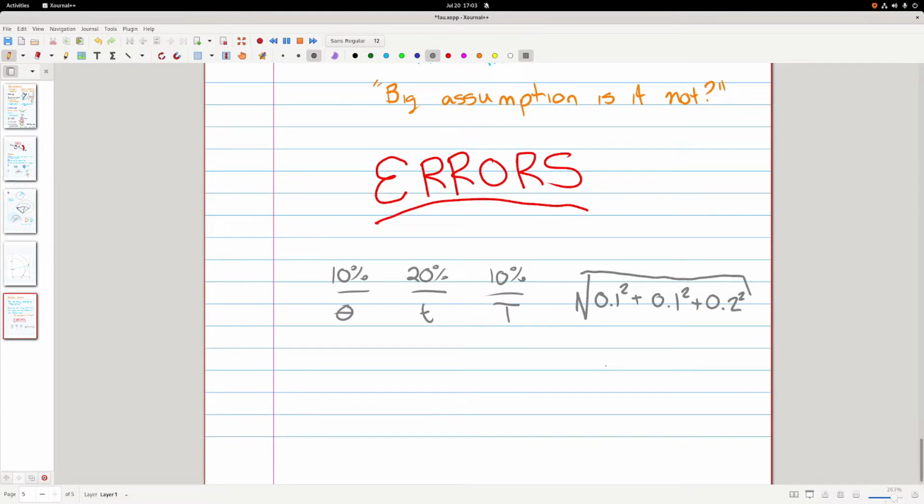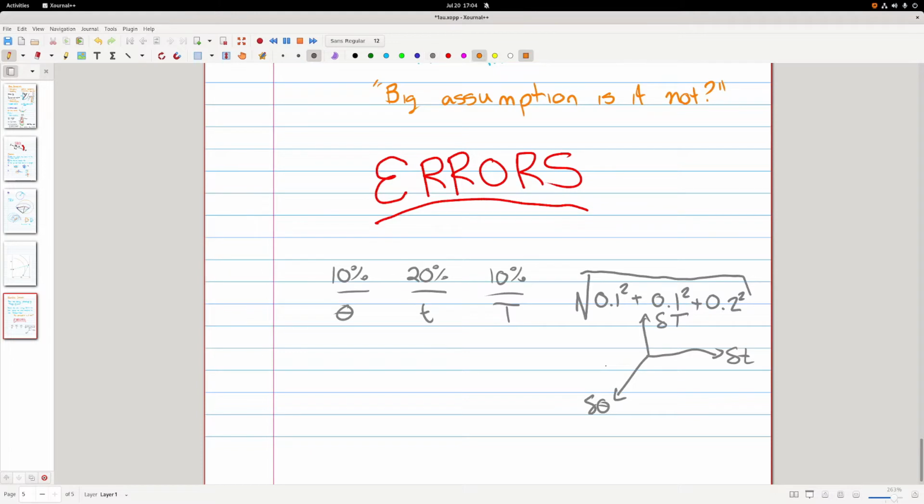And the reason why we were saying these had to be uncorrelated is because we're using a Pythagorean summation of the errors. So if our errors are uncorrelated, then we have this three-dimensional space of possible errors. We have a delta theta, a delta time, and a delta period.